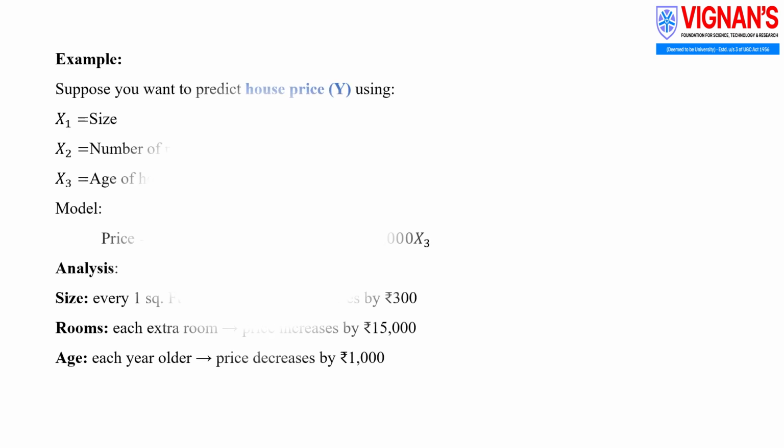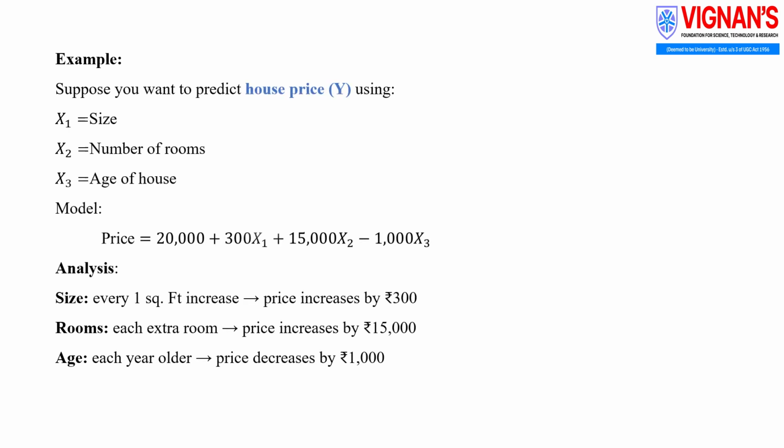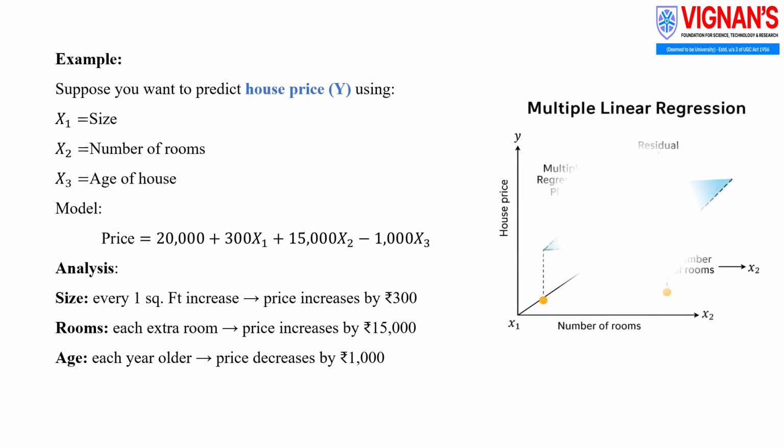Multiple linear regression house price example. Consider the output variable y represents the house price. On the horizontal axes, x1 and x2 represent input features, such as the number of rooms. Each yellow dot represents an actual data point. The blue surface shown is the multiple regression plane, which best fits all the data points.